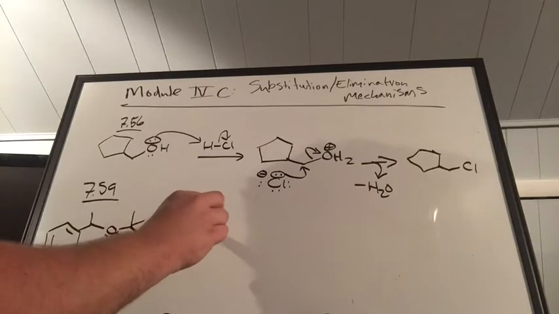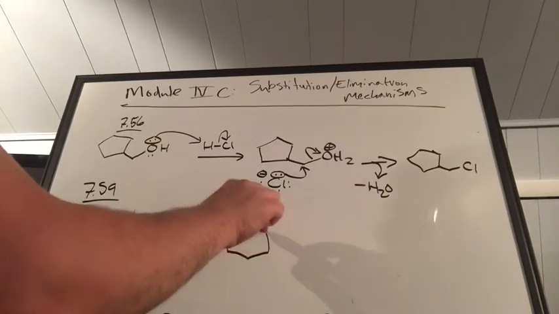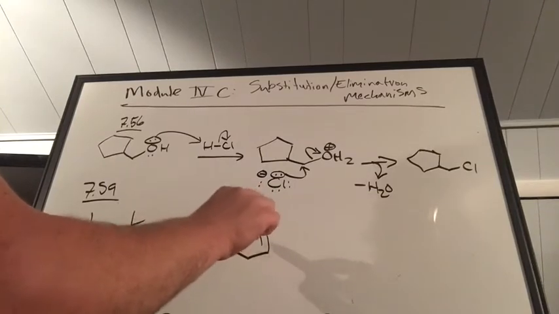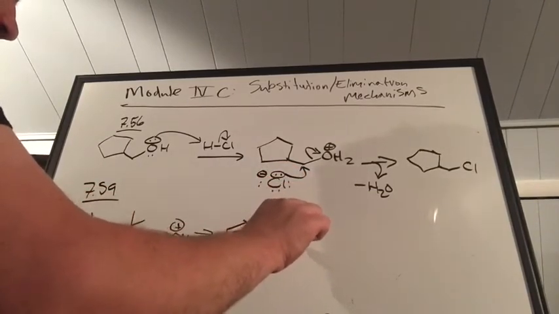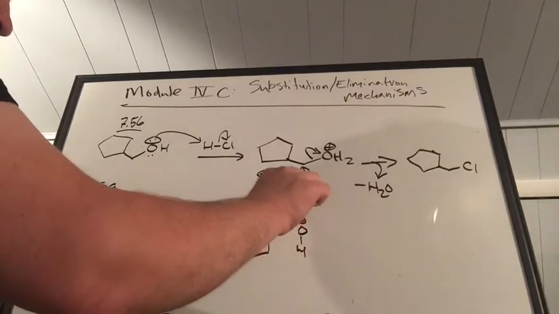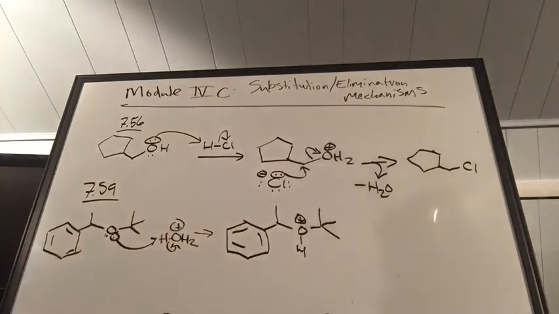Okay. So you're going to have a protonated species that's going to be very unstable. So, in other words, some bond breakage has to occur to stabilize and make other products. So, in other words, heterolysis needs to occur.